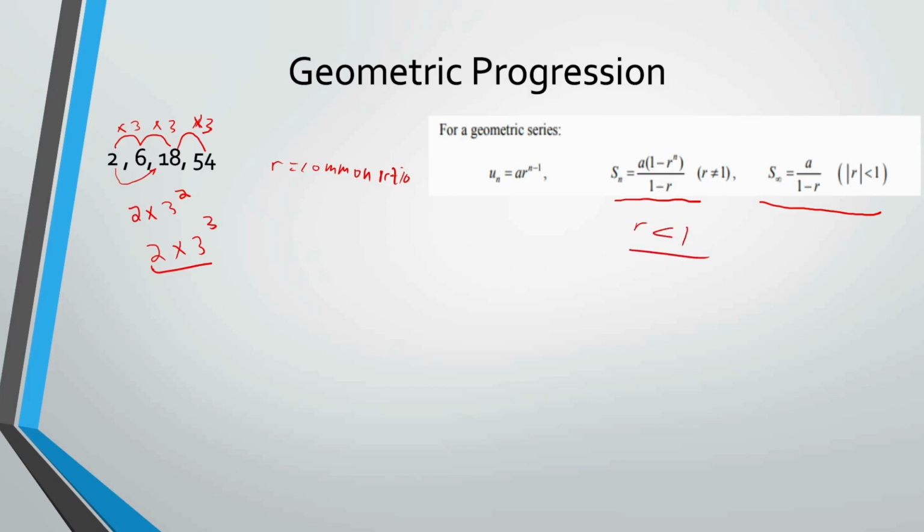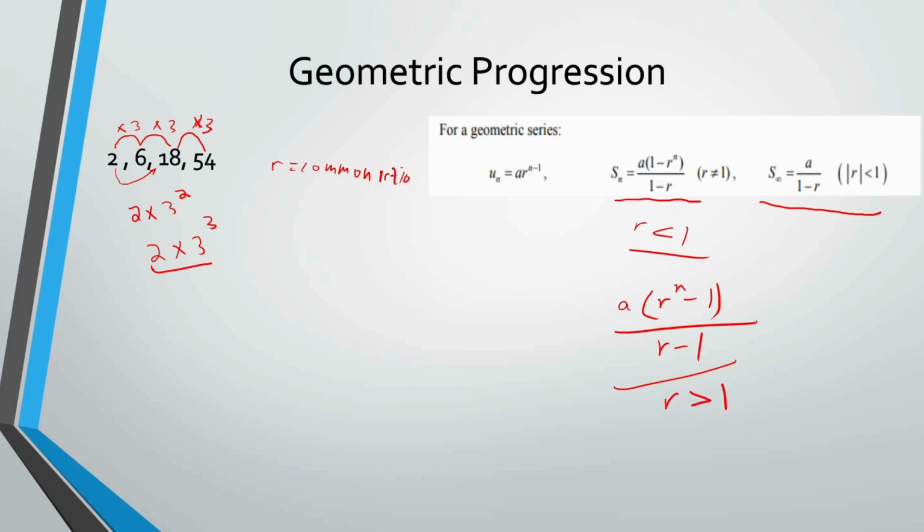If your r is greater than 1, for example, here we have 3, which is our r, the formula changes into something like this, over r minus 1. So this is going to be our formula when r is greater than 1.